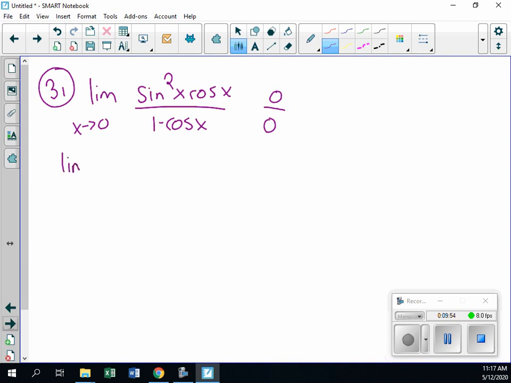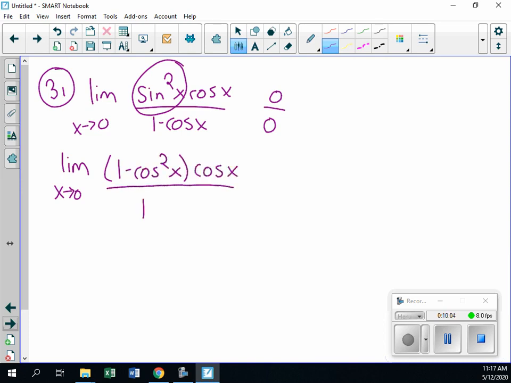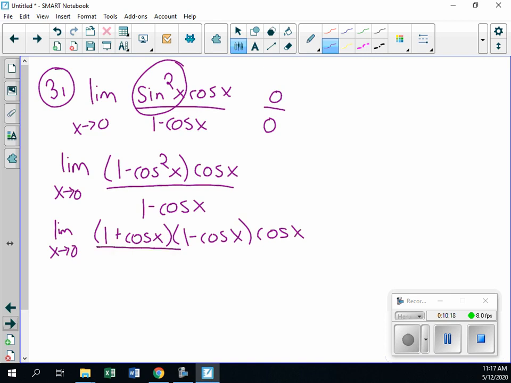So what I'm going to do is rewrite using the Pythagorean identity: 1 minus cos squared x, cos of x, over my 1 minus cos of x. When I factor, I get 1 plus cos x, 1 minus cos x times cos x all over 1 minus cos x.